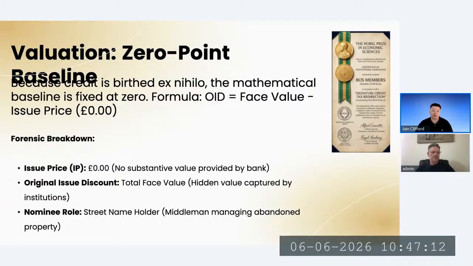And this is where we start to get into something called original issue discount. Because when you deposit human energy, it goes onto the monopoly board, this artificial world bankrupt trust, at zero value, but it has a very high future value because the commitment of interest is locked into that security.